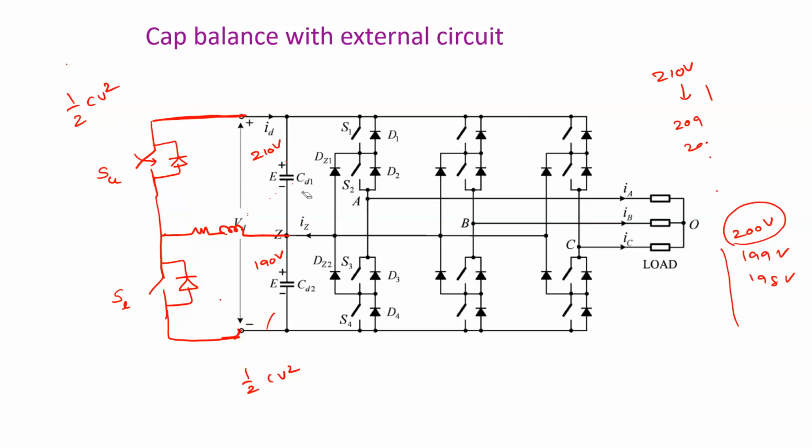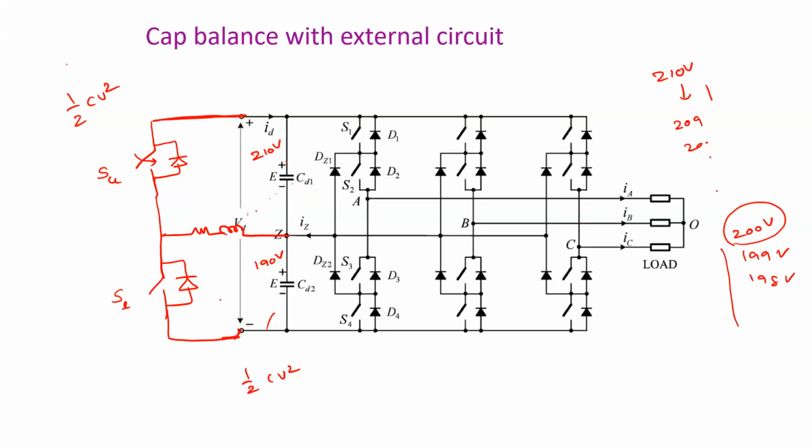Understood? Right. If you observe that the upper capacitor voltage is greater than the reference, you need to turn on this additional switch SU. How long do you need to turn it on? Until the capacitor voltage reaches its reference value, 200 in this particular case.